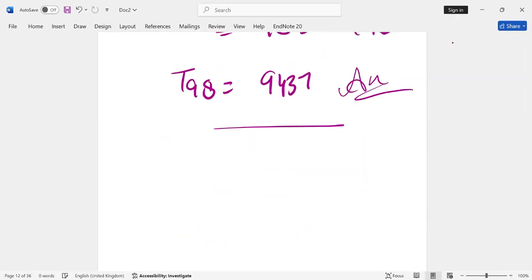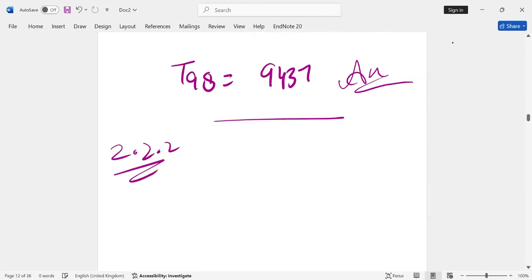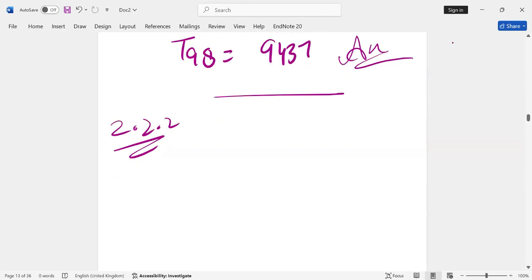So moving toward 2.2.2. Determine the general term Tn, given T3 is 32. So the general term of the quadratic pattern is Tn equals an squared plus bn plus c. We use the differences to find a and b first.